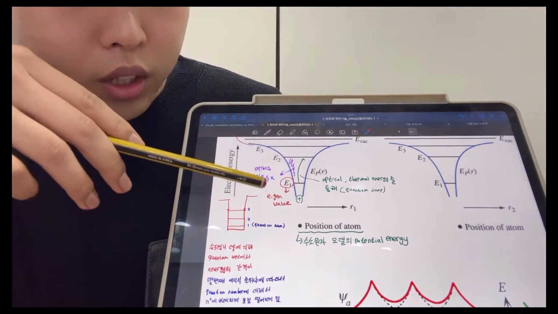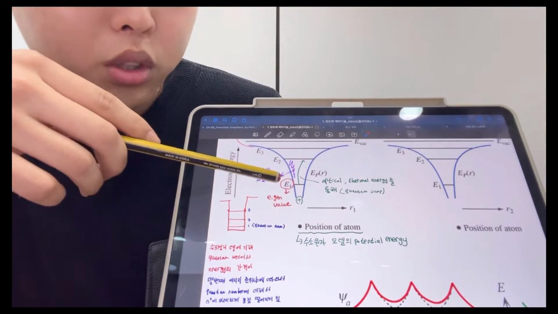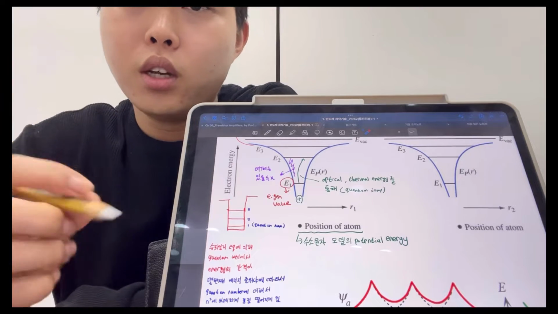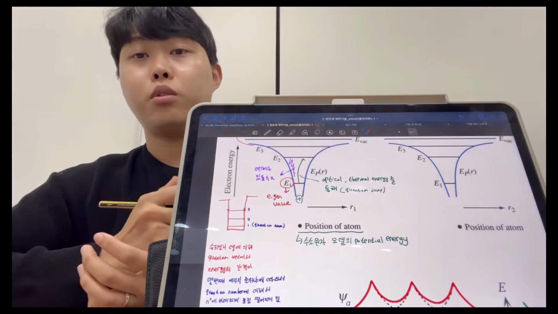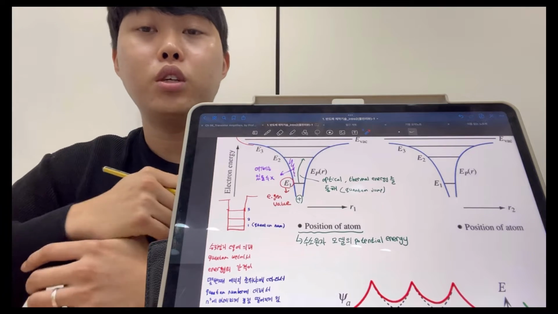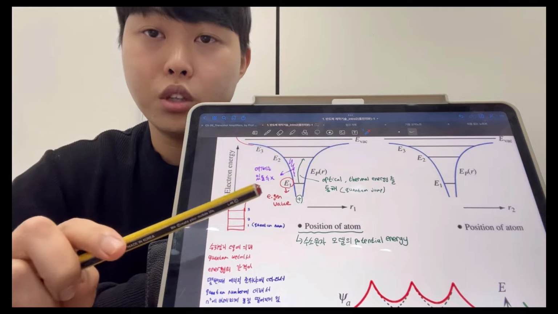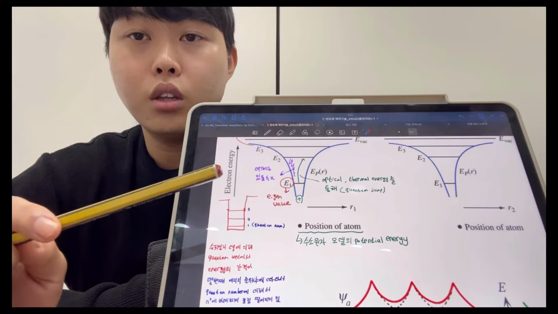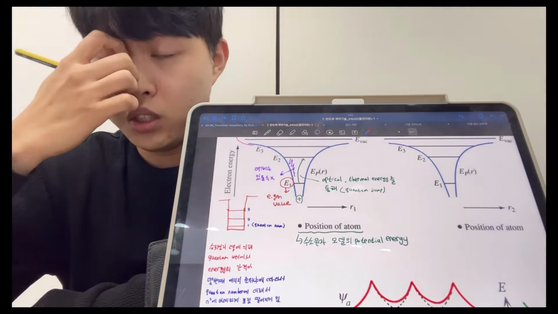Let's have a look at the E1 point. From E1, if the electron wants to jump up to E2, it needs optical energy or thermal energy to jump up to the next energy level. I indicated that with the purple color. In the purple region, no electron can be located between this gap.